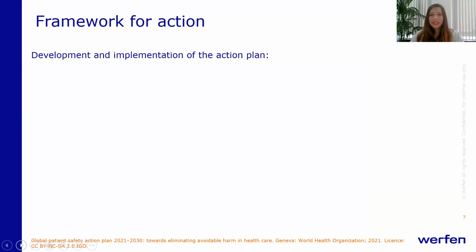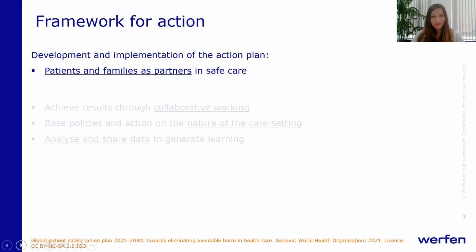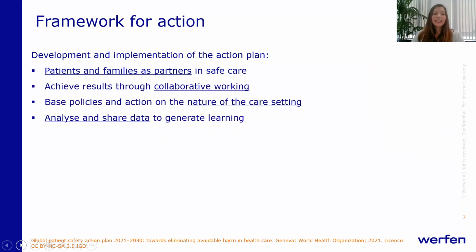Those 7 strategic objectives have then been declined into actions, in particular 35 actions. The development and implementation of the action plan has patients and families involved as partners in the process of care. But then, of course, it takes into consideration collaborative working between healthcare professionals, always respecting the peculiarities and the nature of the care setting.